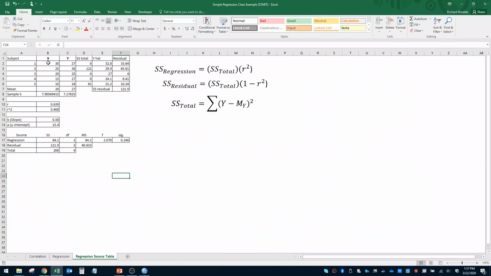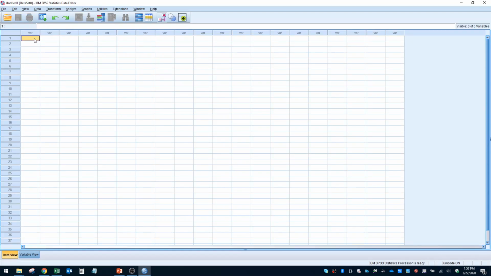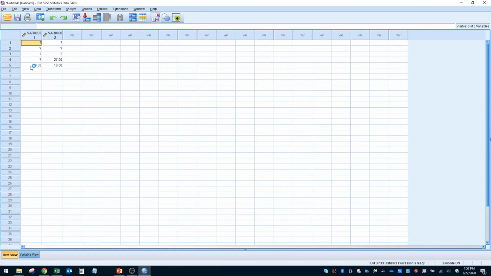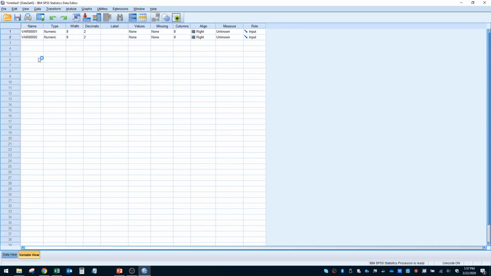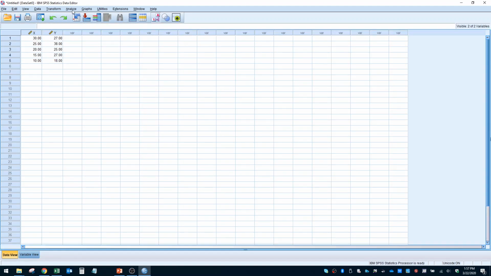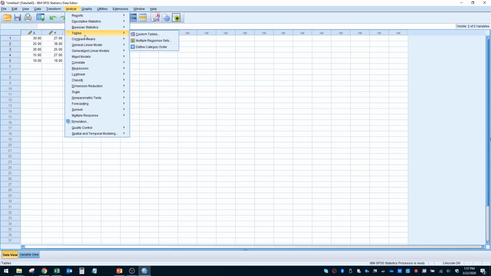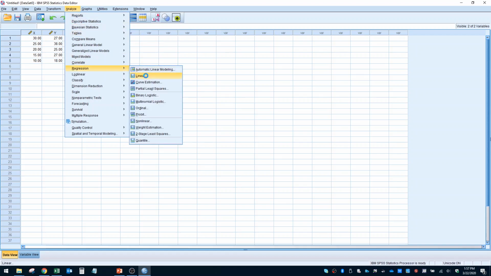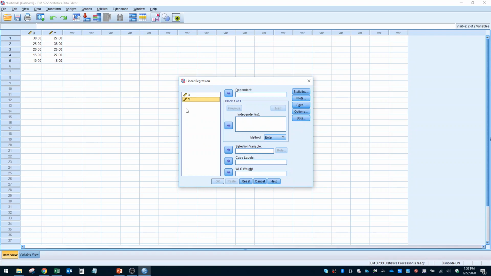I'm going to copy our values into SPSS for our 5 subjects. Variable 1 I will call x, and variable 2 I'll call y. Analyze, regression, linear. My dependent variable is y. It's dependent upon the values of x. And then I click OK.